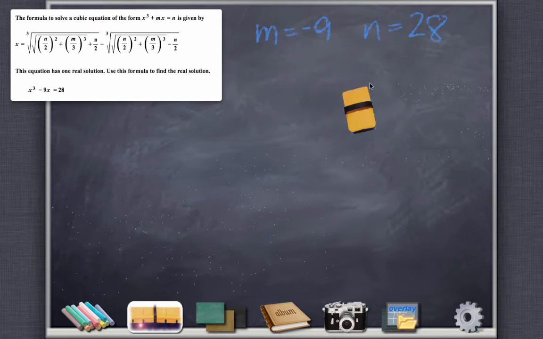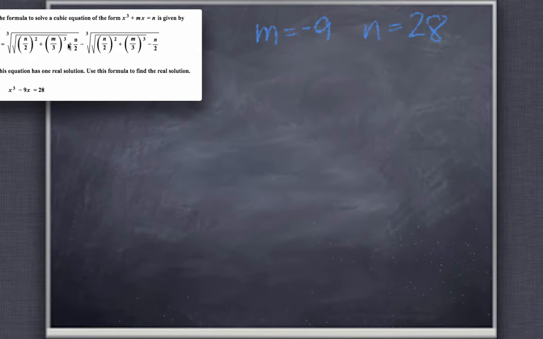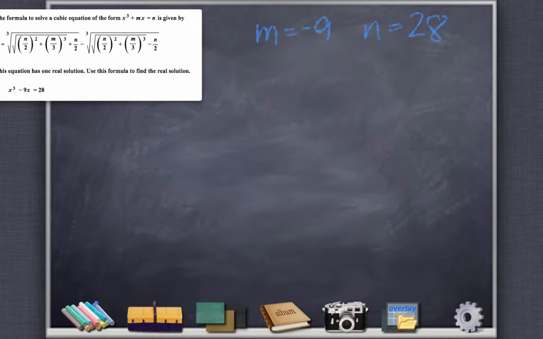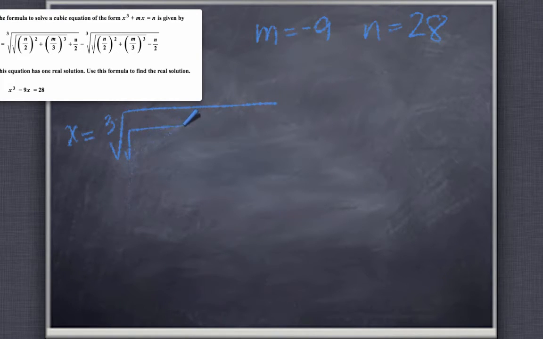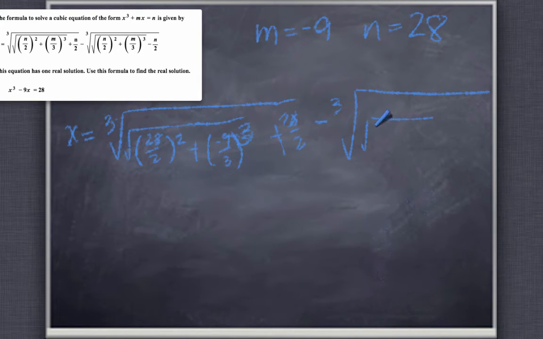Not going to be able to fit this on. x equals cube root of, and then there's a square root inside, n over 2 squared plus m over 3 cubed, and then outside of that square root, minus n over 2, and then minus cube root of square root of 28 over 2 squared plus minus 9 over 3 cubed minus 28 over 2.